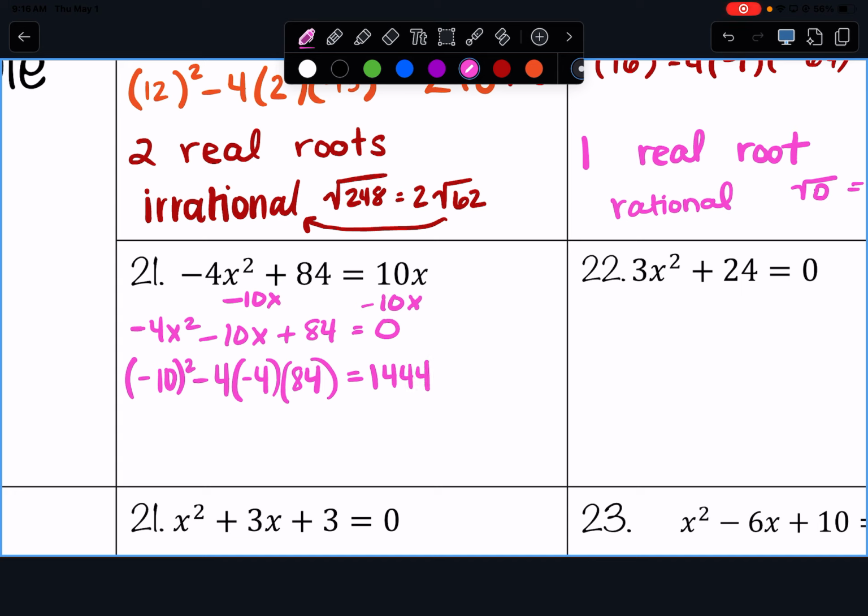Is that greater than 0, less than 0, or equal to 0? Greater than 0. So that tells me we're going to have 2 real roots. Now, what's the square root of that? 38. So the square root of 1,444 is 38. Because of that, it makes it rational.